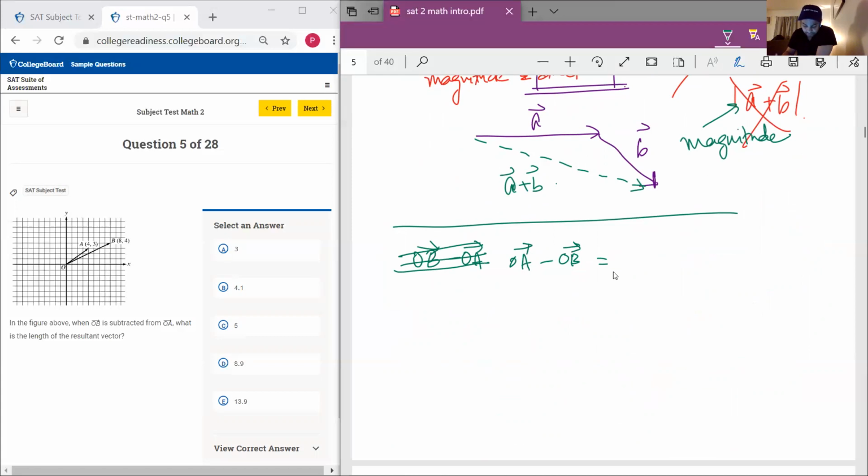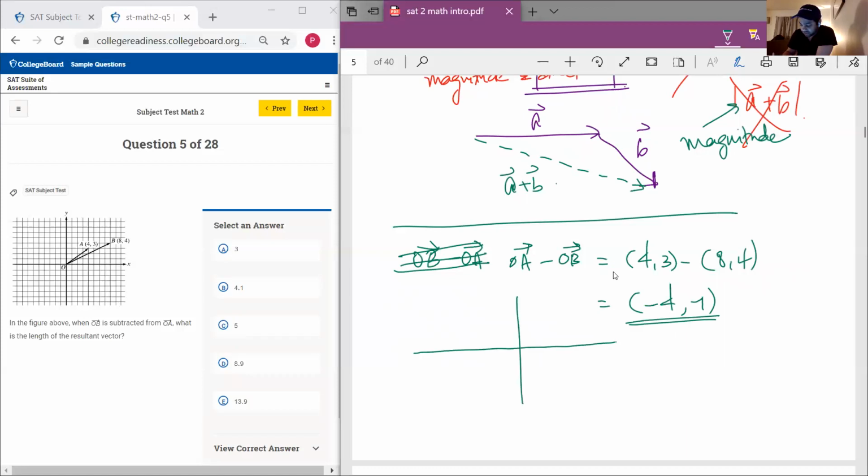OA minus OB is going to be 4, 3 minus 8, 4, which is going to give me -4, -1. So that is going to be what we call the coordinates with respect to the origin of that resulting vector.